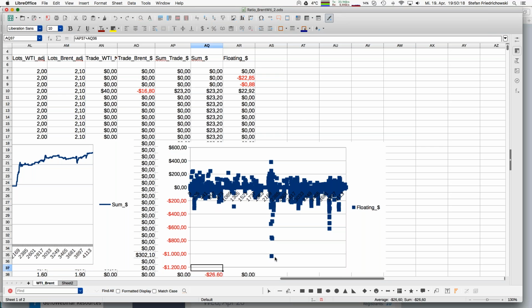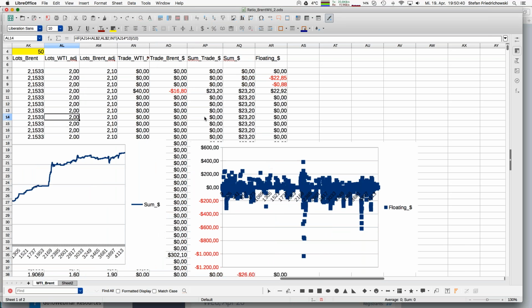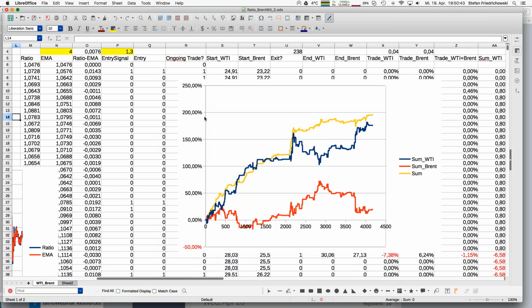In this case, even that trade was profitable. But looking at the logic of that kind of trading activity, it's possible. Therefore, I mention it once again, because it's not that usual that I have strategies without a hard stop loss. So that is a result of Brent versus WTI.